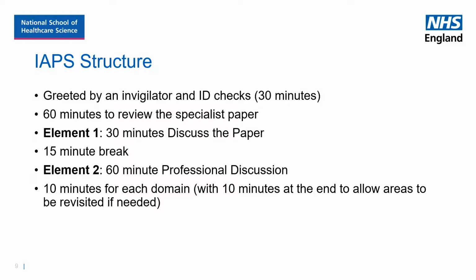The professional discussion around the standards of proficiency follows the break. This discussion is 60 minutes in total. This discussion is semi-structured and is broken down into 5 10-minute discussions, one for each of the 5 domains within the higher specialist scientist standards of proficiency. The last 10 minutes is to allow areas to be revisited if needed.